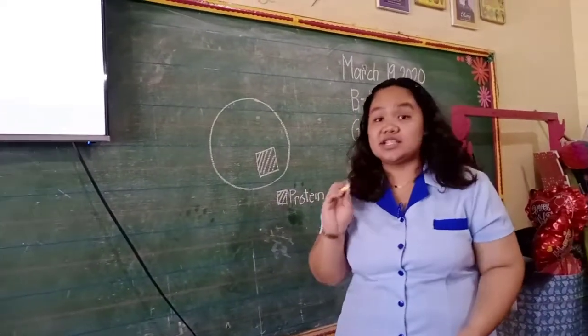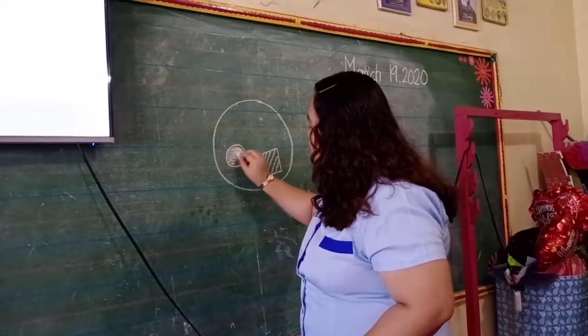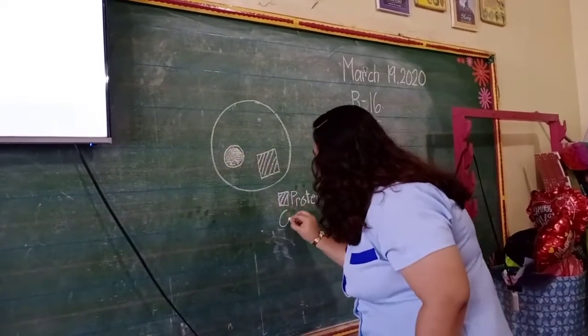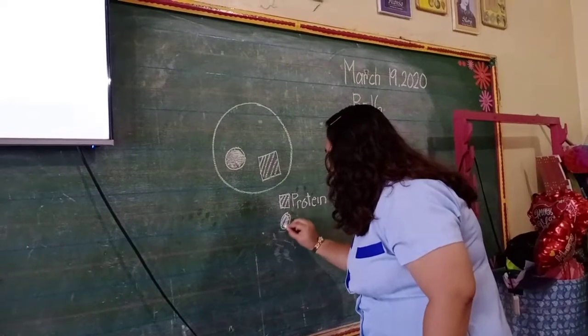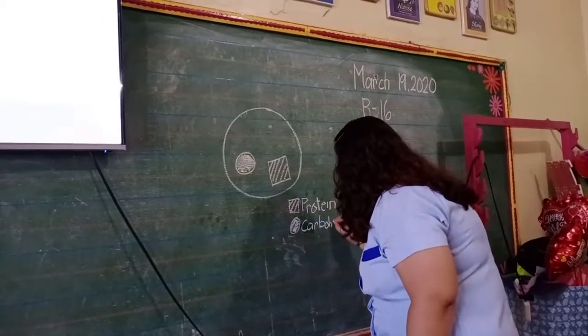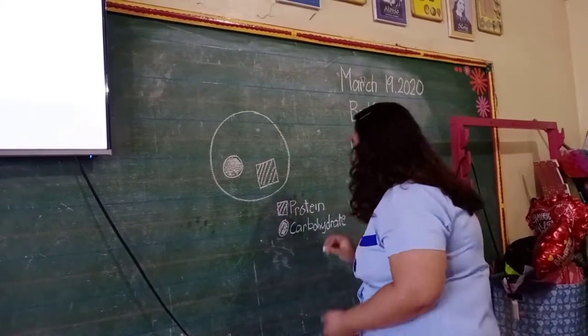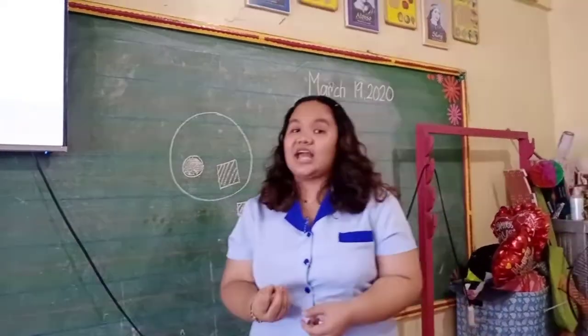And of course, the circle can be our carbohydrates. And of course, we can use different kinds of vegetables.